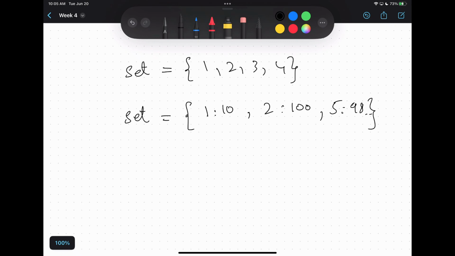Although I have named both of them set, you can clearly distinguish which one is a set. This one is a set because it contains single comma-separated values. This one, by looking at it, I can identify is a dictionary, because each element is a key-value pair with a colon in between. The first element is always a key and the second one, after the colon, is always the value associated to that key.